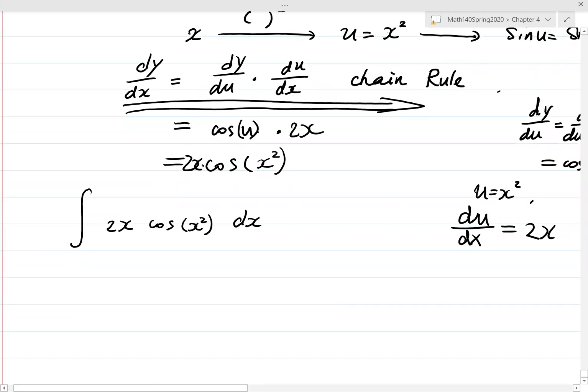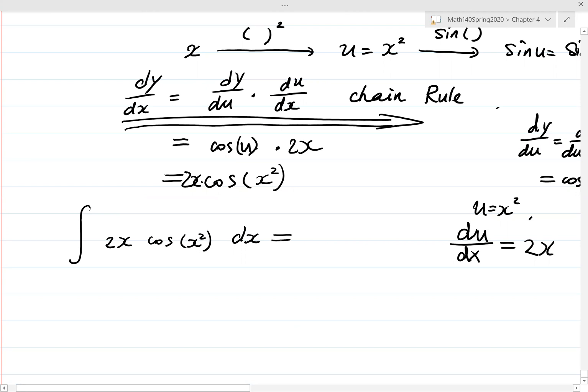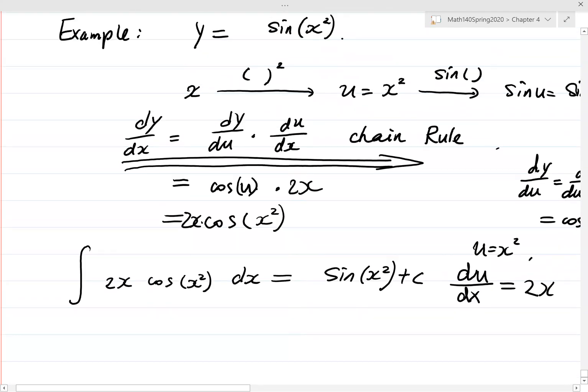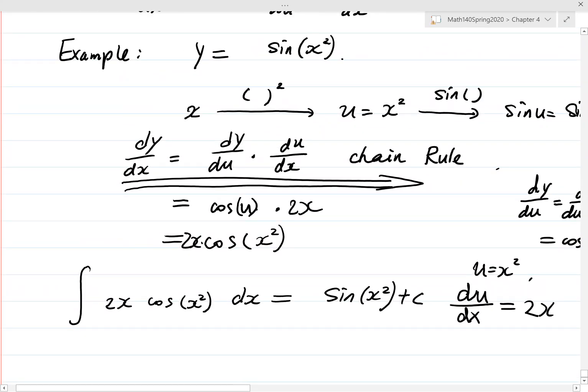So if we find the antiderivative, we already know it: cosine is the derivative of sine x squared, plus constant c. We just checked that y equal to sine x squared has the derivative 2x times cosine x squared.